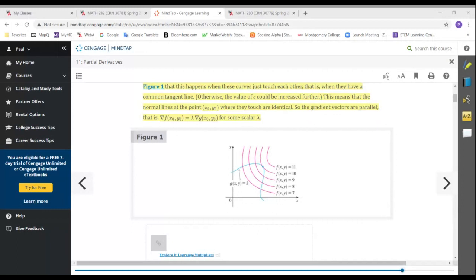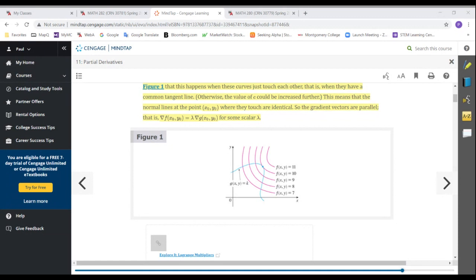Okay, so you have a function f of x, y, and they're drawing level curves to that function. So you have a surface in 3-dimensional space given by the formula f of x, y, and they draw the contour plot with those red level curves.